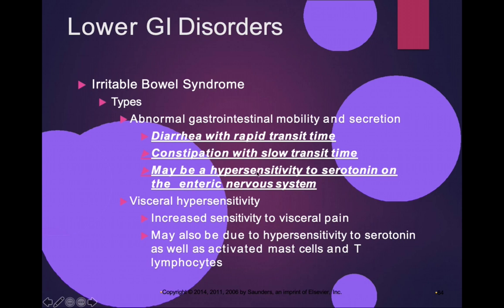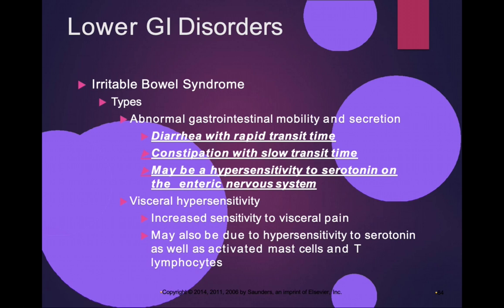And it's believed to be a hypersensitivity to serotonin that's on the enteric nervous system. When you have too much serotonin, like if someone's anxious or they're having an anxiety attack, then they run to the bathroom. If someone has too little serotonin, like they're depressed, then they're constipated. Okay, so too much serotonin, you have diarrhea. Too little serotonin, you've got constipation.